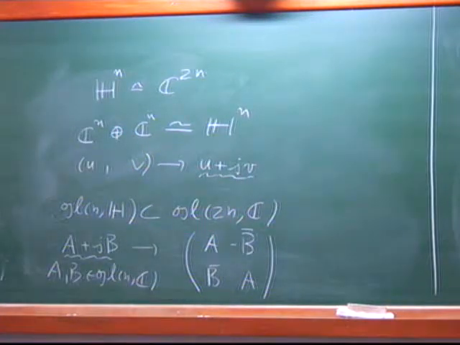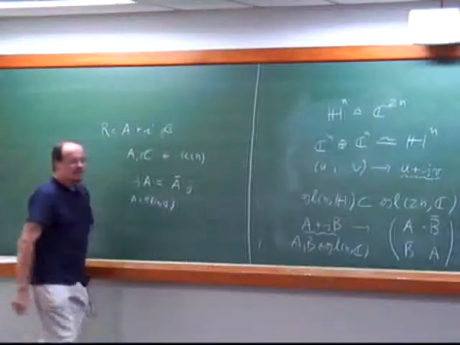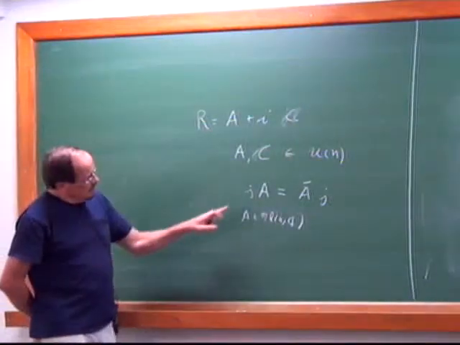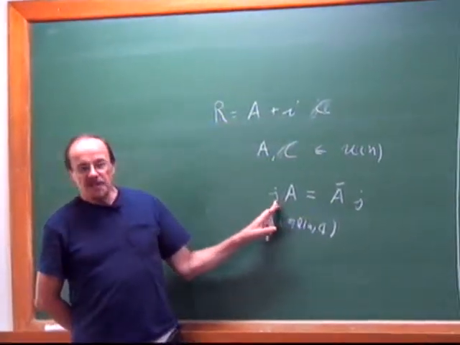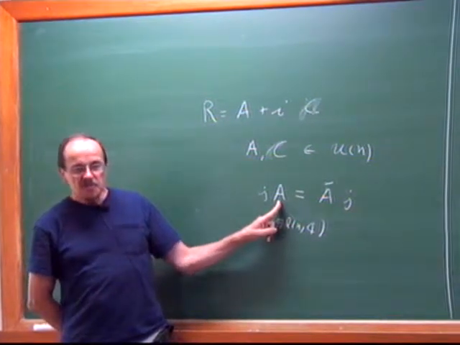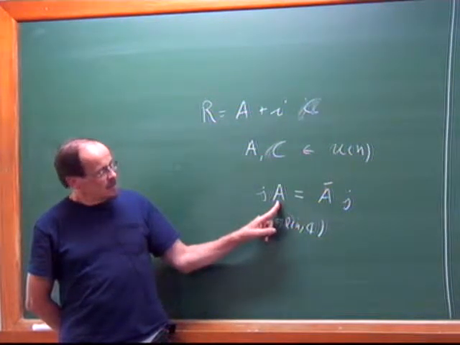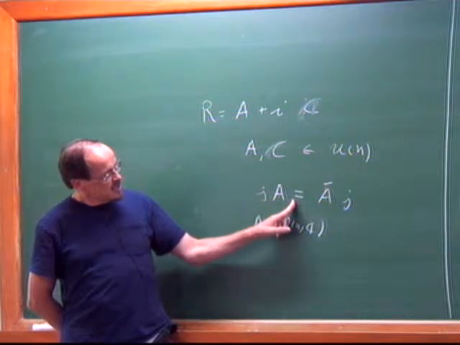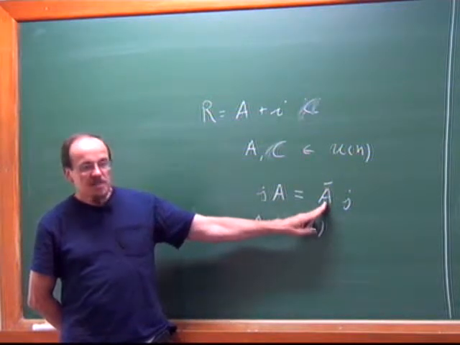Let's make the computation. Another thing that's very useful to notice is that if A is complex, then JA is A bar J. The real entries commute with J. For the complex entries, Ji is minus iJ. So it means in the matrix A, if I want to go on the other side, I have to reverse the sign of the complex entries.